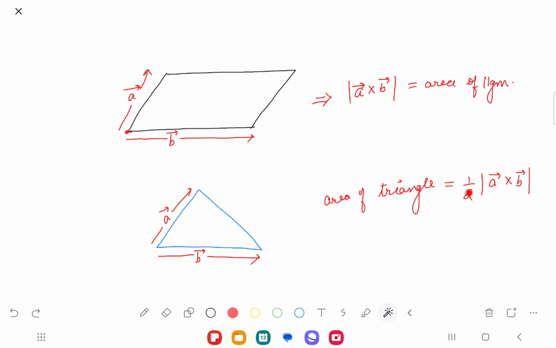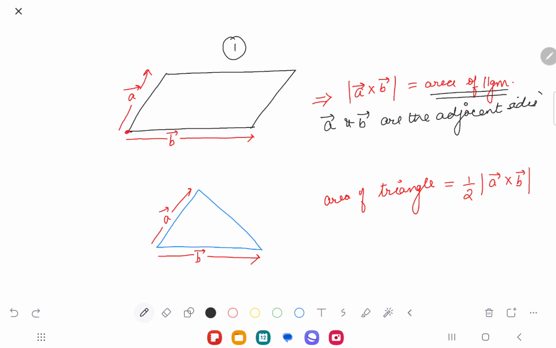That is one component, one method. Then the third formula that you need to remember: keep in mind that in this first type, where you are supposed to find the area of the parallelogram, A and B are the adjacent sides. What exactly does that mean, Atul?